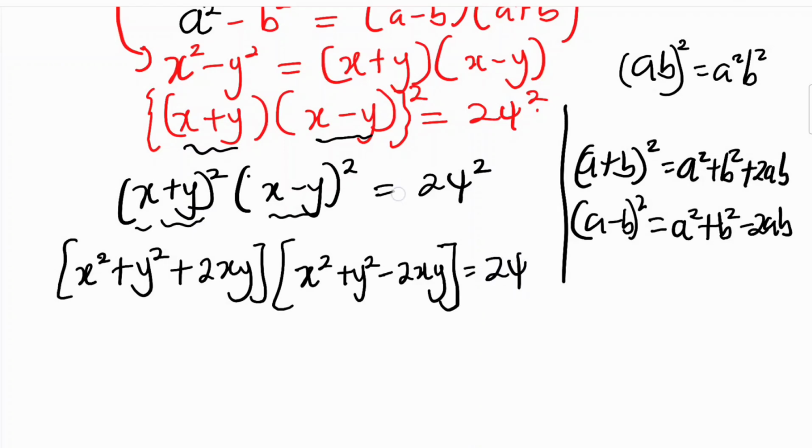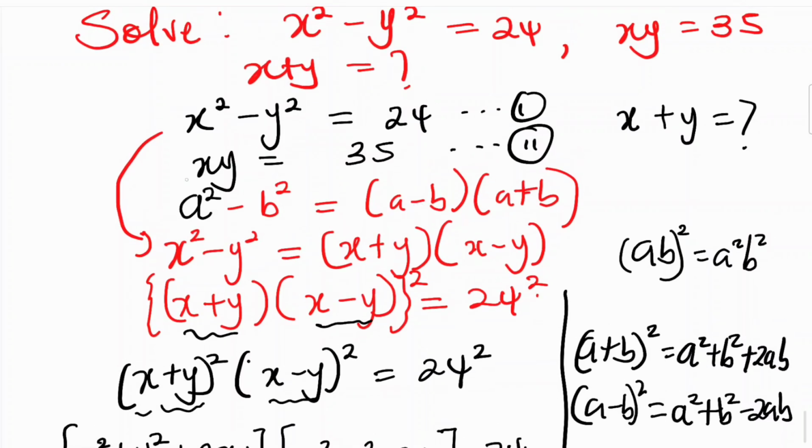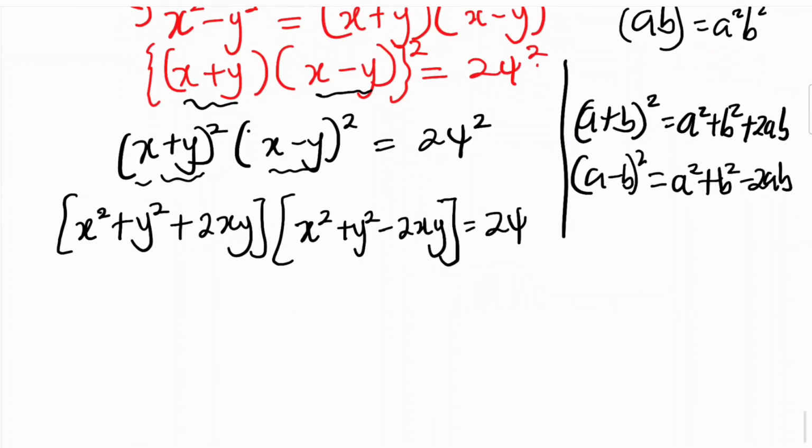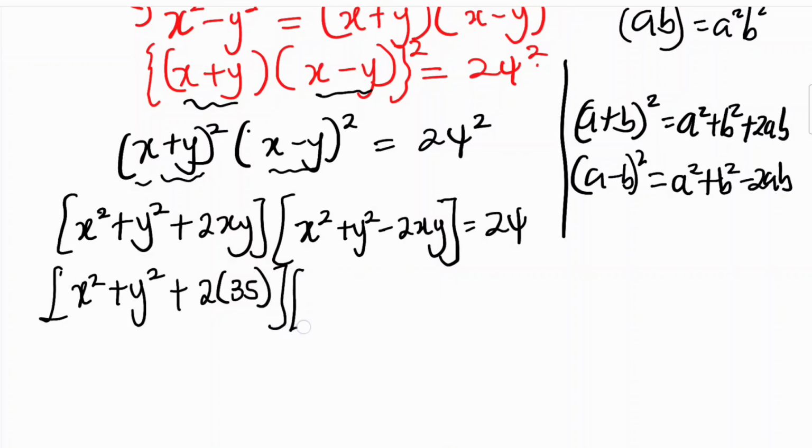But remember one thing, in the first statement we are given xy to be 35, so we are going to substitute it in this particular equation. So we can now write it as x squared plus y squared plus 2 into 35, into x squared plus y squared minus 2 into 35 is equal to 24 squared.